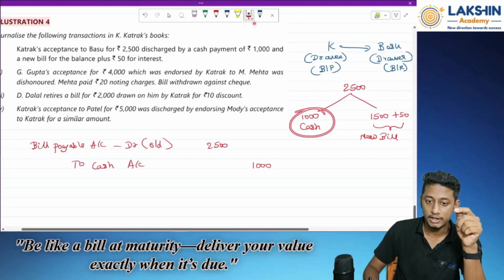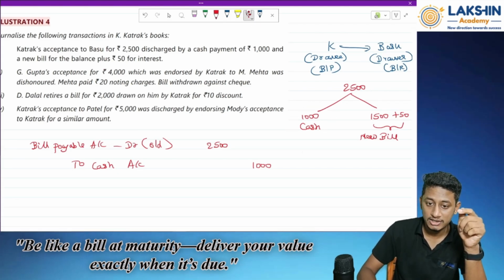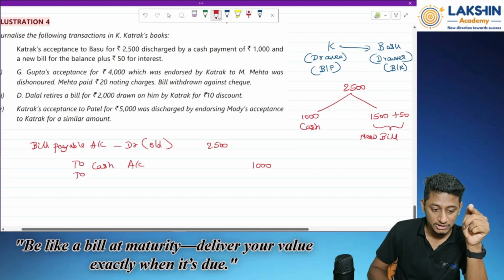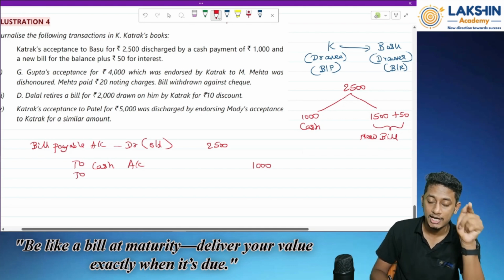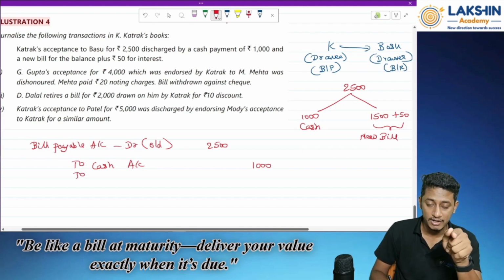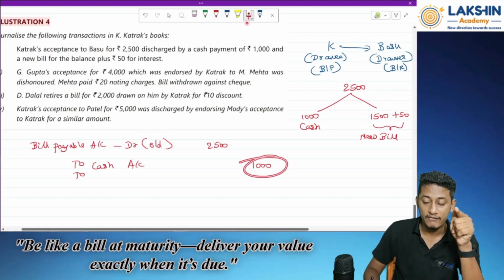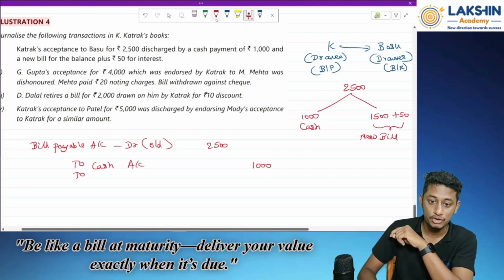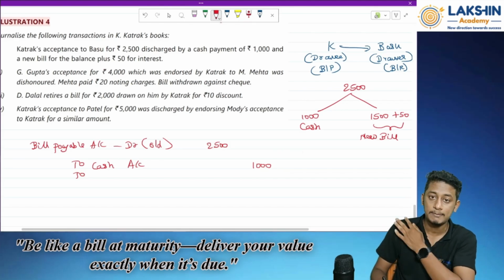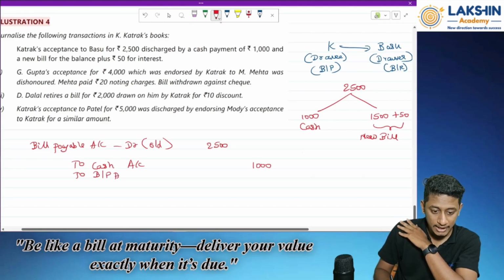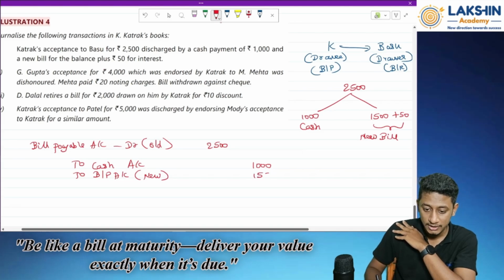For a new value of rupees 1,550, we have issued a new bill. So this is again a bills payable, because Mr. K was supposed to pay 2,500, but he has paid only 1,000 rupees. So for the remaining 1,500 plus 50 rupees, Mr. K is accepting a new bill. So bills payable account, this is my new bill, for rupees 1,550.